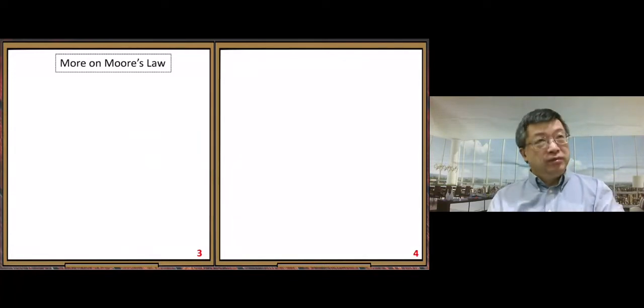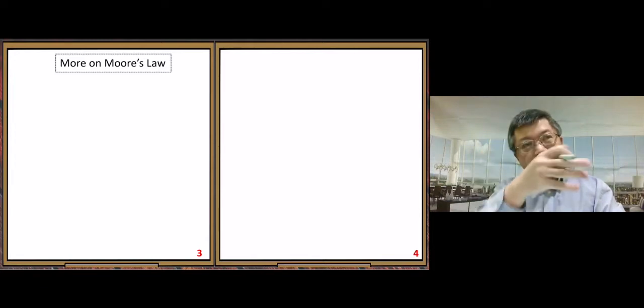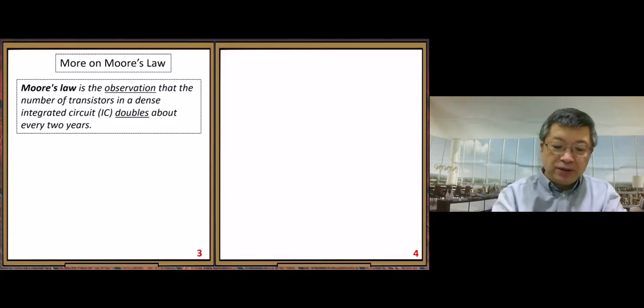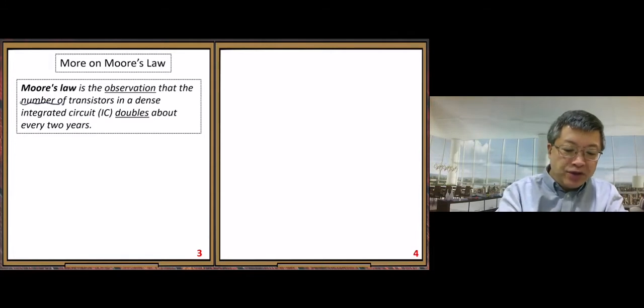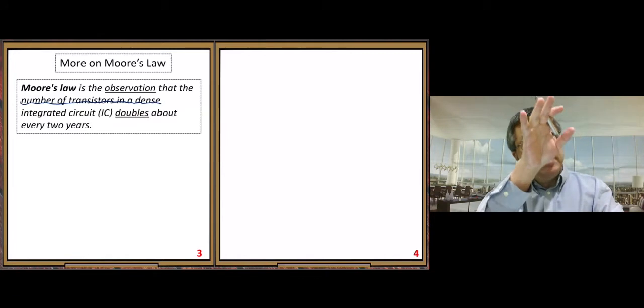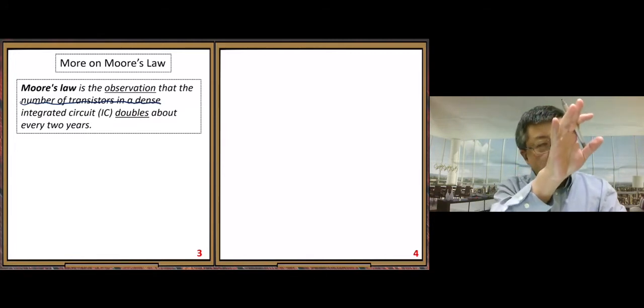More on Moore's Law. Let's talk about a little more facts related to Moore's Law. In Moore's Law, we talk about the number of transistors per unit square.